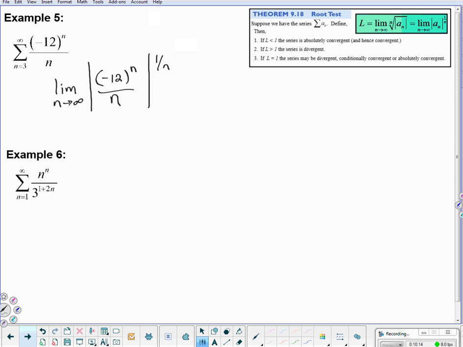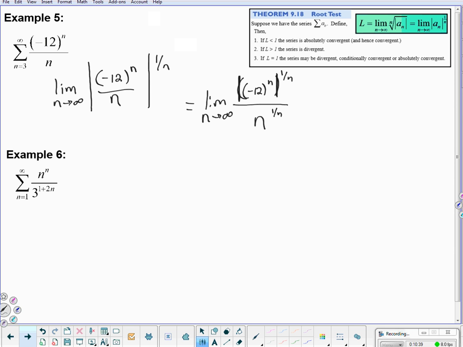The top will be pretty simple, won't it? If I have a power applied to a fraction like we do, we can say it's going to apply to the top. We need some absolute values. Let's put them right in here. Over the bottom, which is already positive, so I'm going to skip my absolute values, like so.